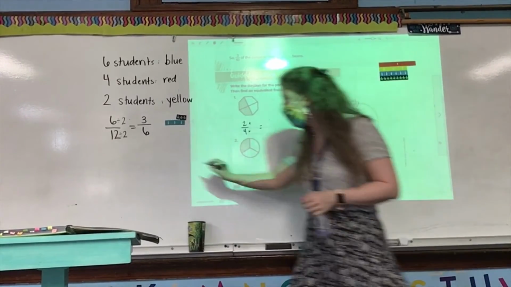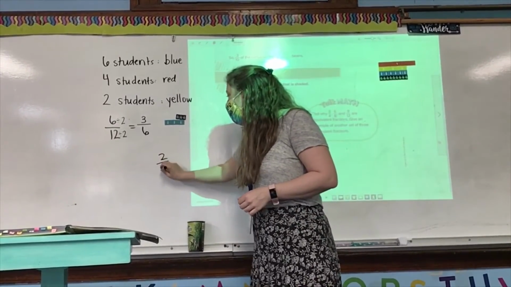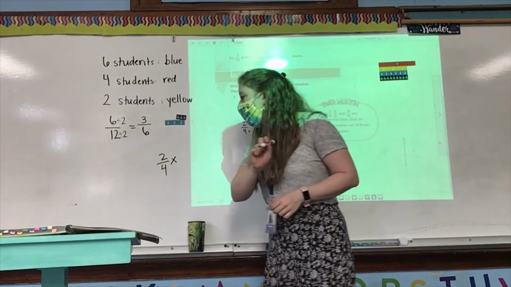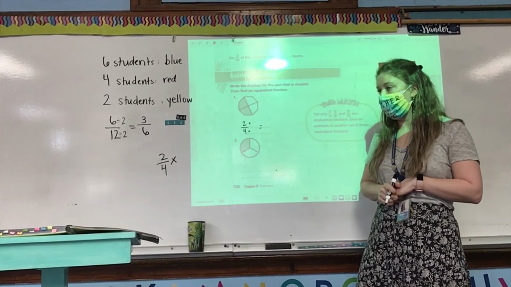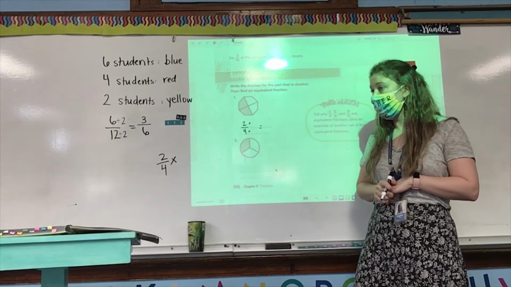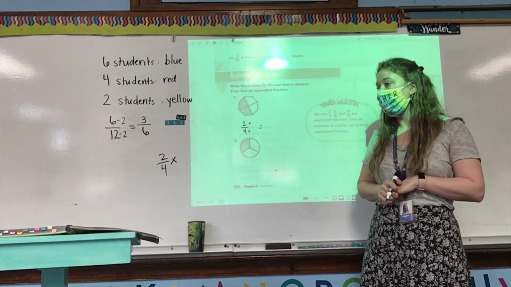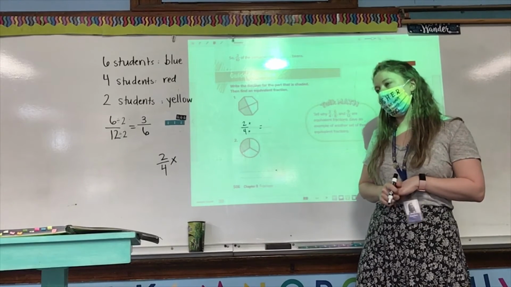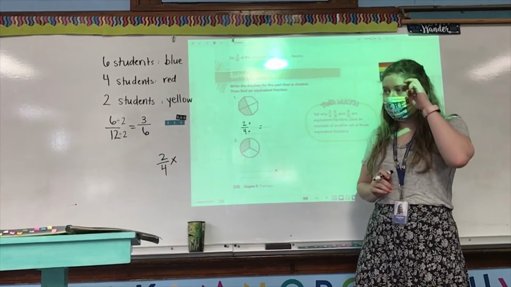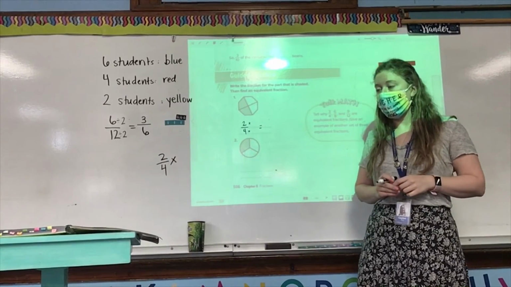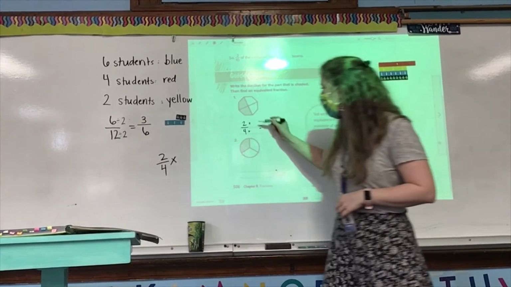Do not write. Kingston, what number would you like to multiply each of them by? Let's pick something that we can use a basic fact, or at least basic facts and patterns. 12.